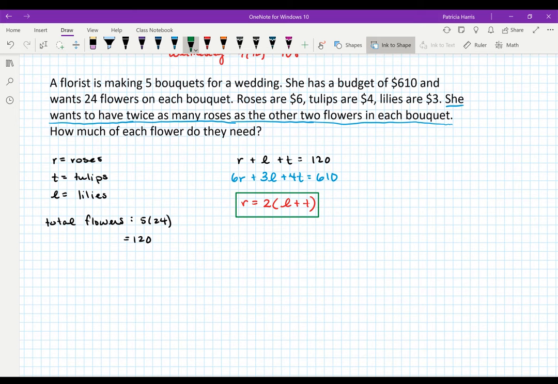So that means I can take this and replace it, and I can take this and replace it. All right, so let's do that. So 2 times L plus T plus L plus T is 120. Then 6 times 2 times L plus T.